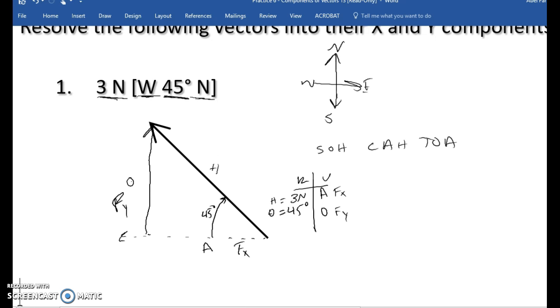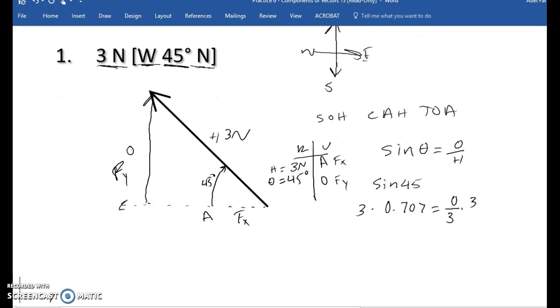Alright, so finding the opposite, we have sine of theta is equal to the opposite over the hypotenuse. Now, you know theta and you know the hypotenuse. Remember, sine of theta is just a number, so the sine of 45 degrees will give you 0.707.